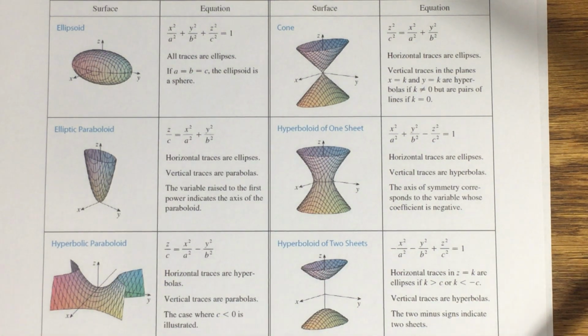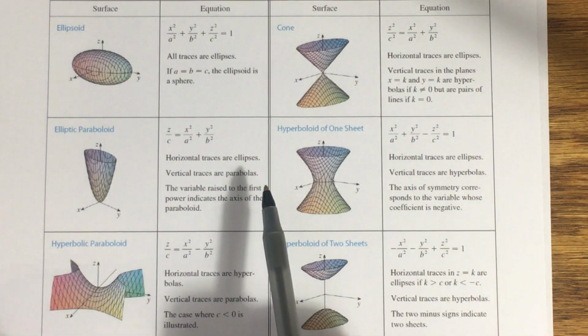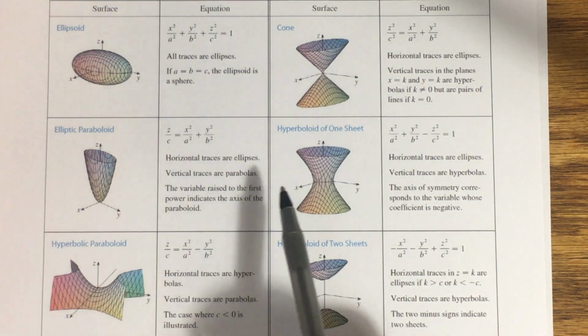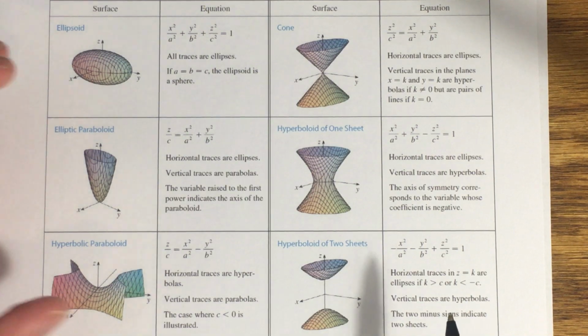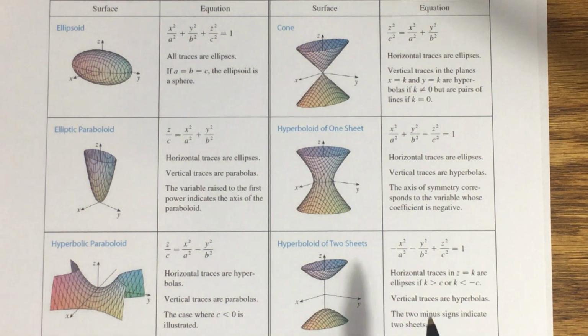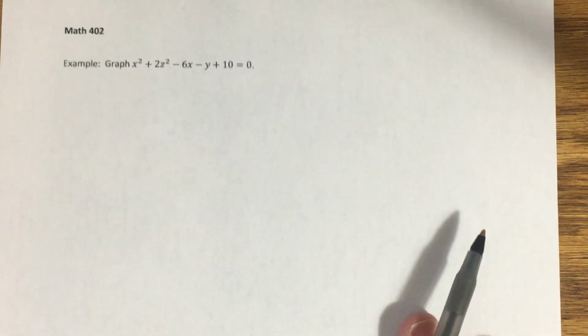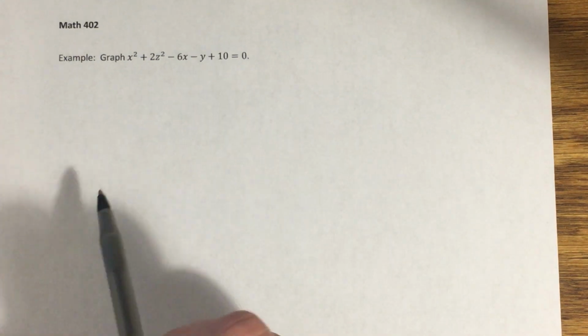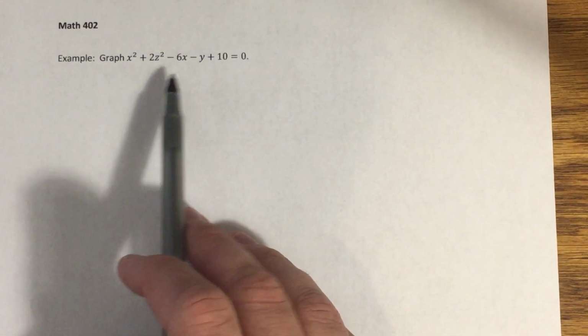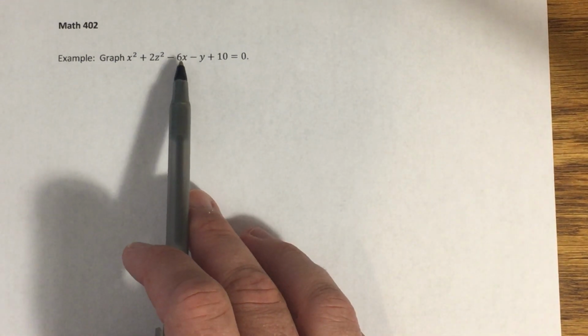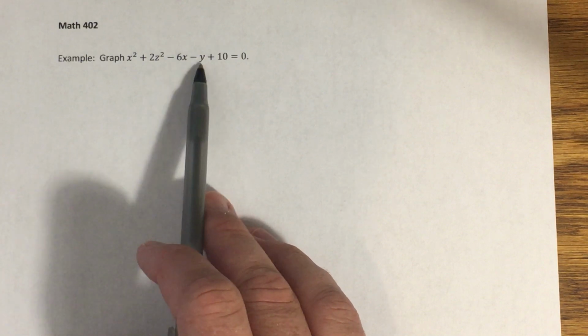In the case of conic sections, when we look at more general equations for those, we see that those conic sections can be shifted so that they're not centered at the origin, or they don't have a vertex at the origin. And that's what's going to happen in the case of this example. I think this example is also straight out of your book, but let's take a look at how to deal with this. So the first thing I want to do is notice that I have terms here that are not squared.